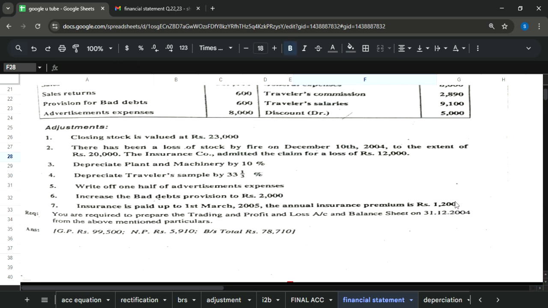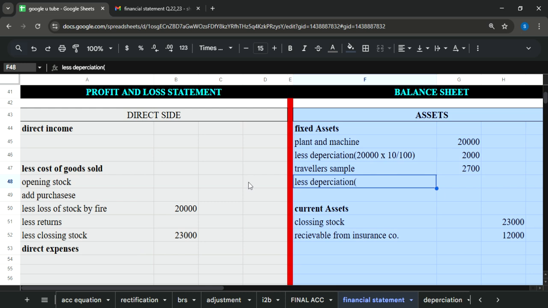And how you will calculate depreciation? For that you will need the rate, 33 into 1 over 3. So what you will do, 33 multiplied by 3 plus 1, it would be 100. 100 divided by 3, that would be 33.333. Alright, so the amount is 2700.